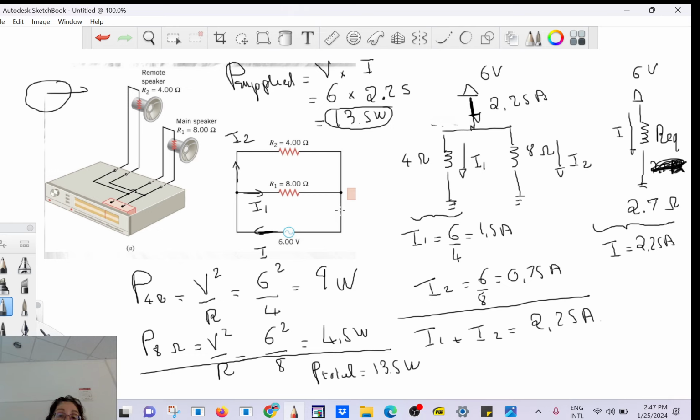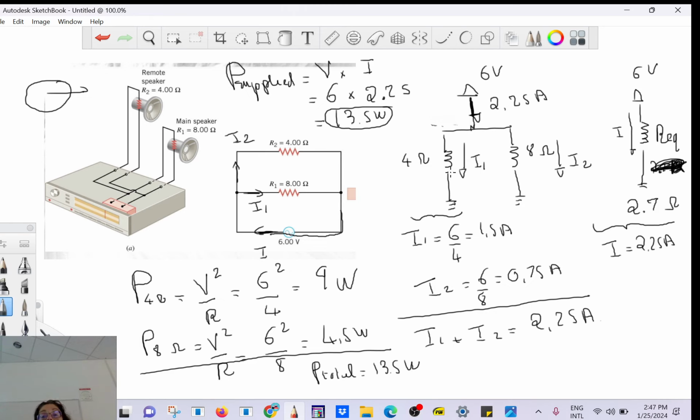Now, what you have here is that the current is going through the power supply, and then it's split into I1 and then I2. So I equals I1 plus I2. The best way to do it, imagine water flowing in a pipe, and then it's splitting in 2 branches.